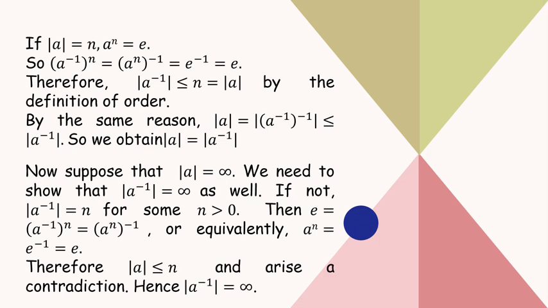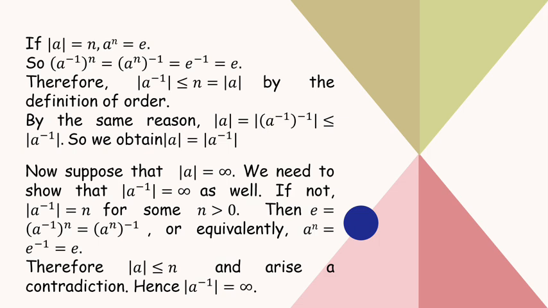Now, suppose that |a| is infinite. We need to show that |a to the negative 1| is also infinite. If not, |a to the negative 1| equals n for some n greater than 0, then e equals (a to the negative 1) raised to n, which equals (a to the n) raised to negative 1, or equivalently a to the n equals e to the negative 1, which equals e.